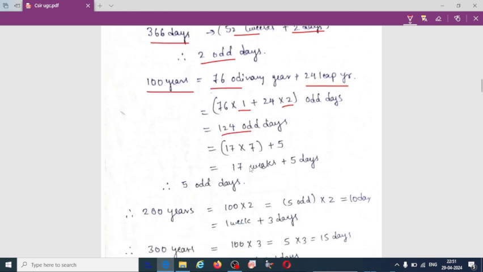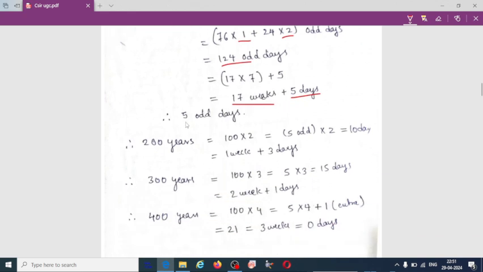Again you can divide it by 7, because in 1 week there are 7 days. So 17 into 7 is 119 plus 5, that is 17 weeks plus 5 days extra in 100 years. So 5 odd days will be there in 100 years.